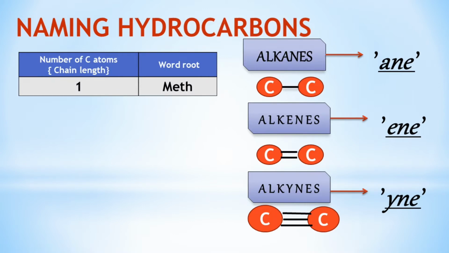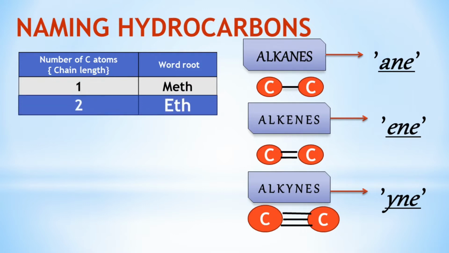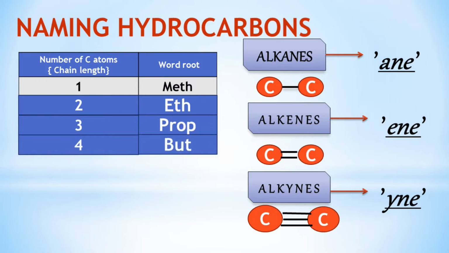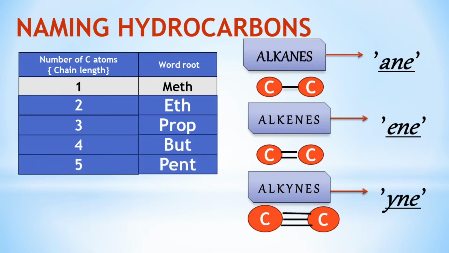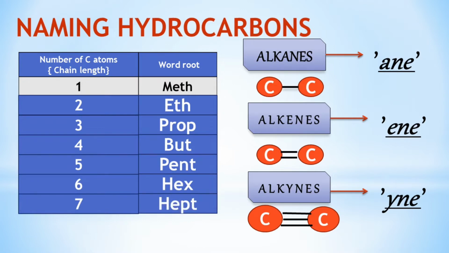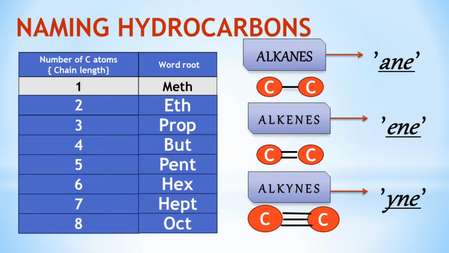If there are two carbon atoms, then the root word is eth, E-T-H. For three carbon atoms, the name starts with prop, P-R-O-P. With four carbon atoms, the name starts with but, B-U-T. A hydrocarbon that consists of five carbon atoms has a name starting with pent. For 6, the word is hex. For 7, the word is hept. For 8, the word is oct.